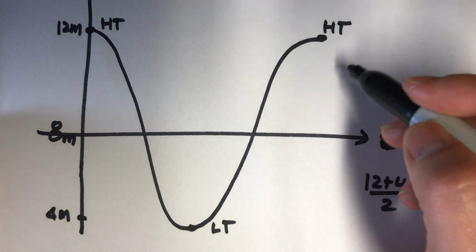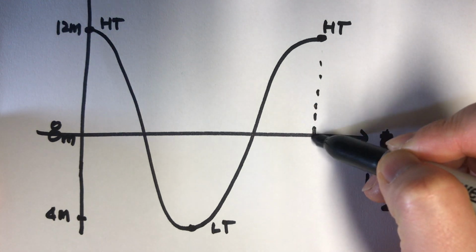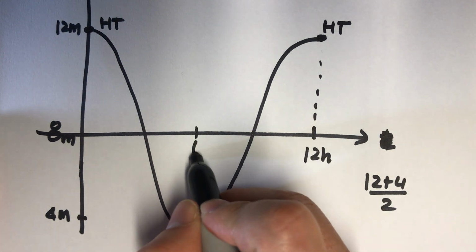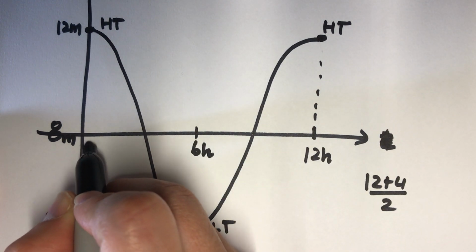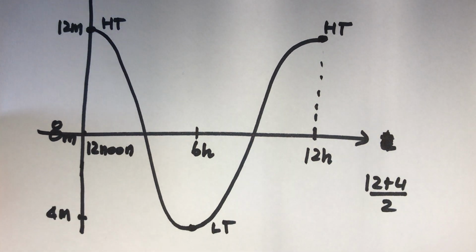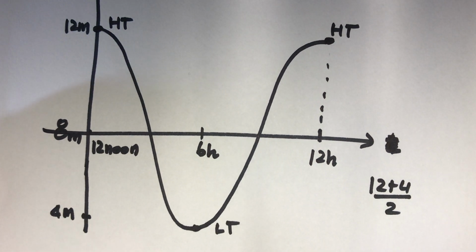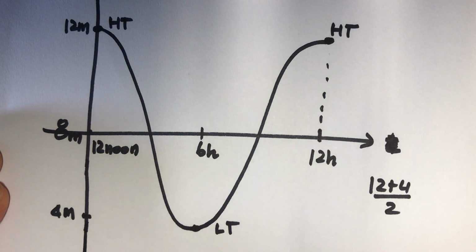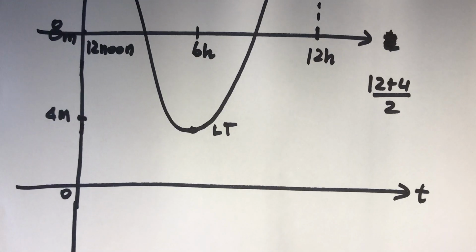Excellent. And then the whole cycle goes 12 hours. Okay, that's my 6 hours, and that's 12 noon. Okay, this starts at 12 noon. That's my t, that's my 0. So that's what I've got.